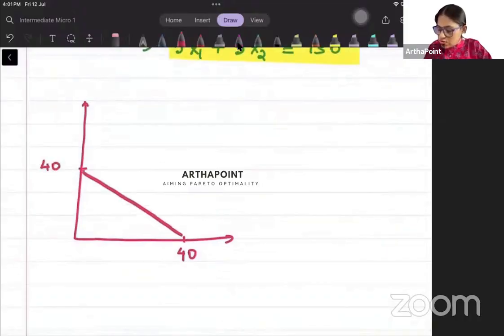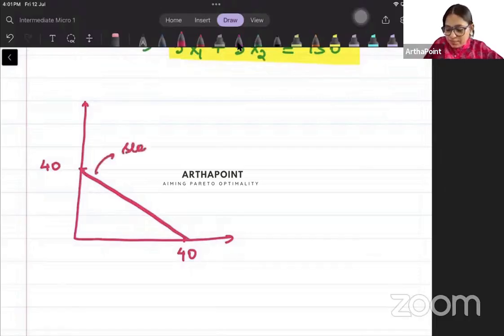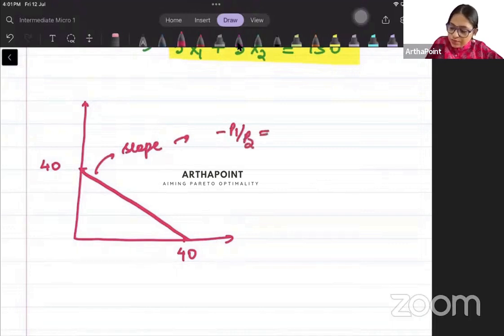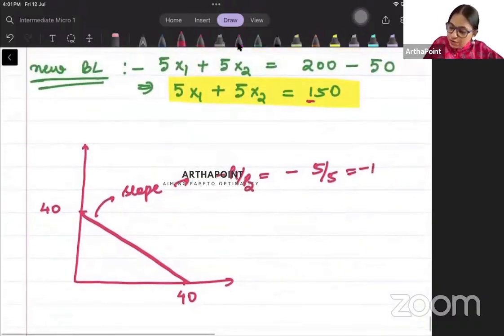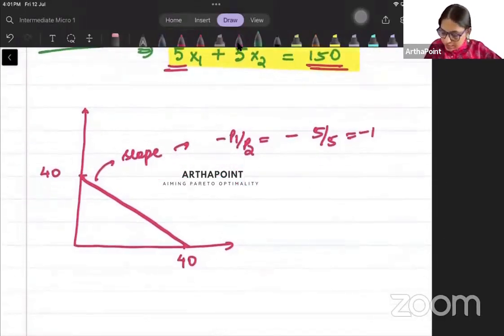Join this. What's the slope, beta? P1 by P2, 5 by 5, 1. Now make the new budget line, beta. 150 divided by 5, 30. 150 divided by 5, 30.